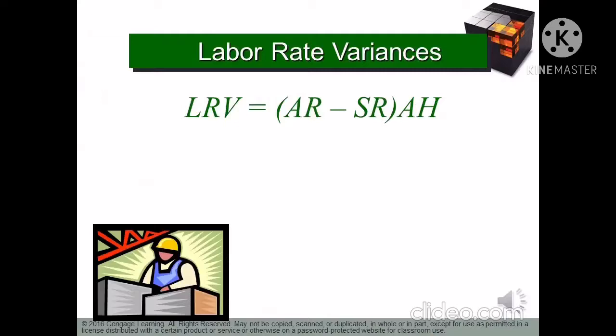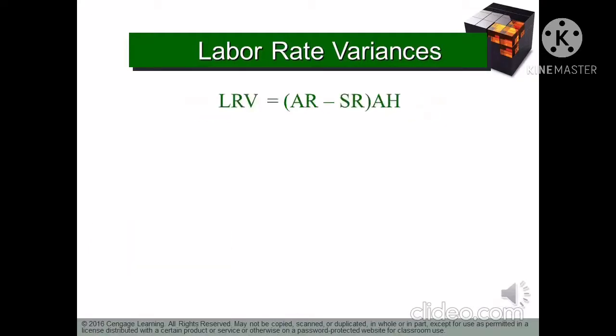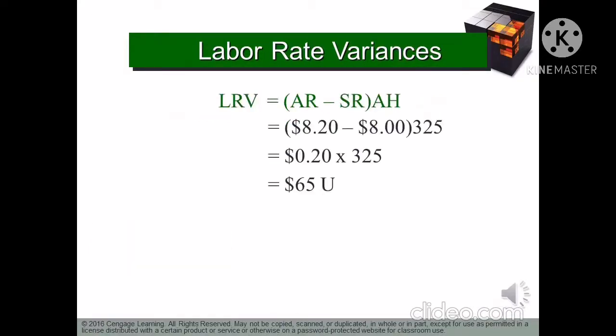Here is the formula for labor rate variance, where LRV equals actual hourly wage rate minus standard hourly wage rate, then multiplied by actual direct labor hours used. We are going to find labor rate variance. As we know, the formula is AR minus SR, then multiplied by AH.